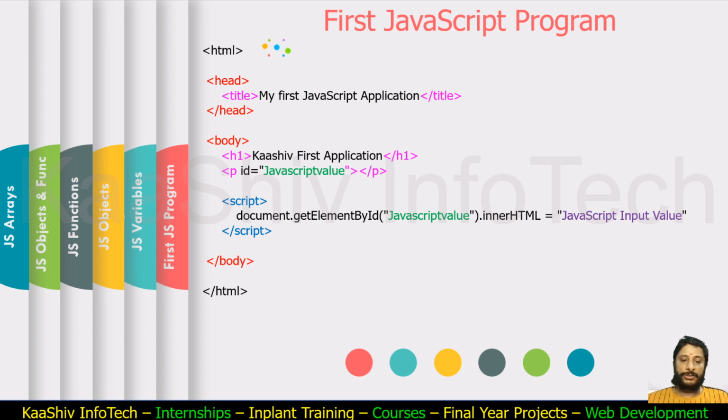You got your HTML here. You got your head tag, and I got the title tag. Now I went to my body tag. Over here, the H1 tag and the paragraph tag. Then you got your script tag, and this code is getting executed. Your JavaScript value is executed, and this is the input value.